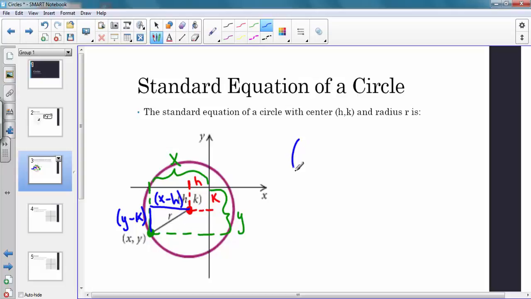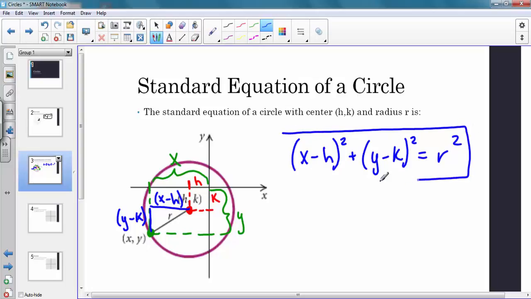The side adjacent, x minus h squared, plus the side opposite, y minus k squared, equals our hypotenuse r squared. So we now have the final equation for a circle with center (h, k) and radius r: x minus h squared plus y minus k squared equals r squared.